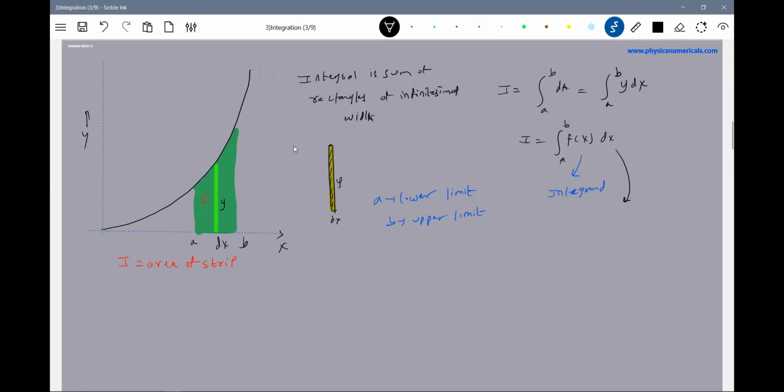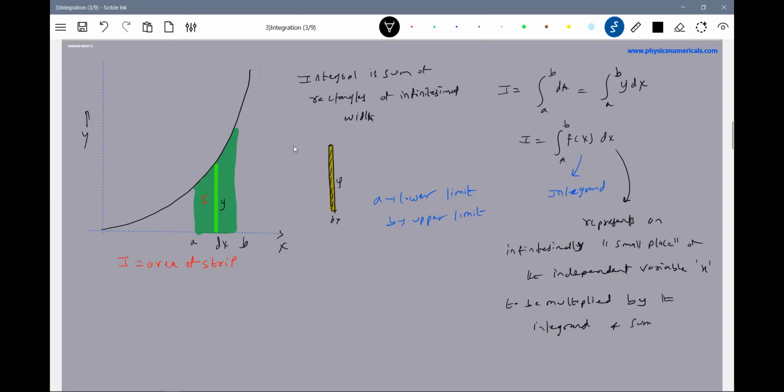So dx represents an infinitesimally small change of the independent variable x, a small value of the independent variable, to be multiplied by the integrand and summed up in an infinite sense.